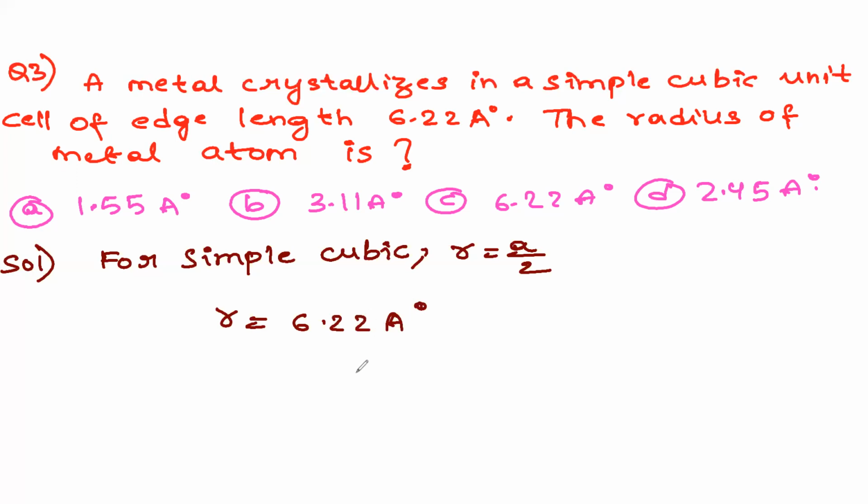So we'll get the answer 3.11. R is equal to 6.22 by 2, equal to 3.11. R is equal to 3.11 angstroms.